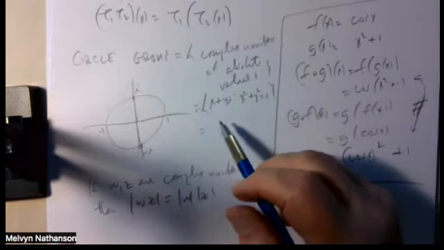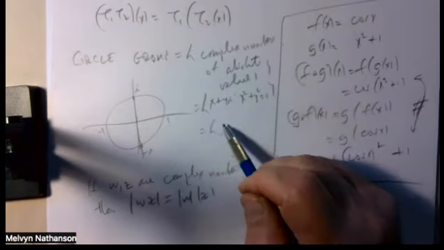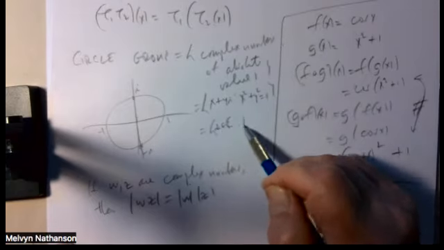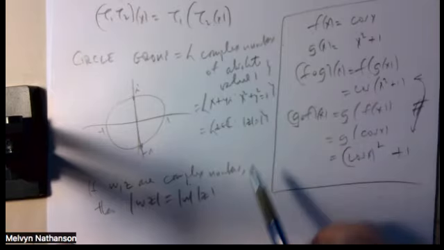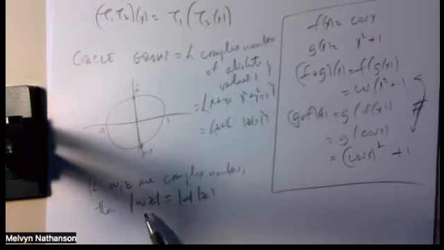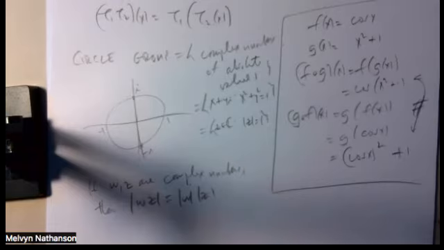And again, the circle group is all complex numbers z with absolute value of z equal to 1. If w and z both have absolute value 1, so does their product, since 1 times 1 is 1. So this set of complex numbers is closed under multiplication.